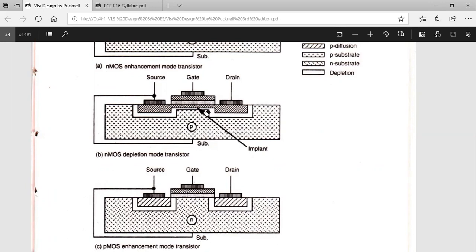I just have to apply some positive voltage, and there will be movement of electrons immediately from the source to the drain. That is the depletion mode transistor operation of the NMOS transistor.